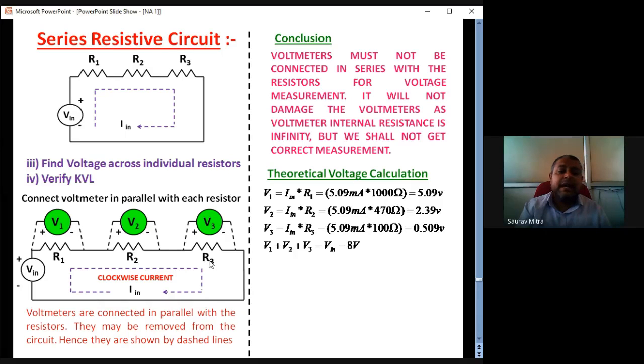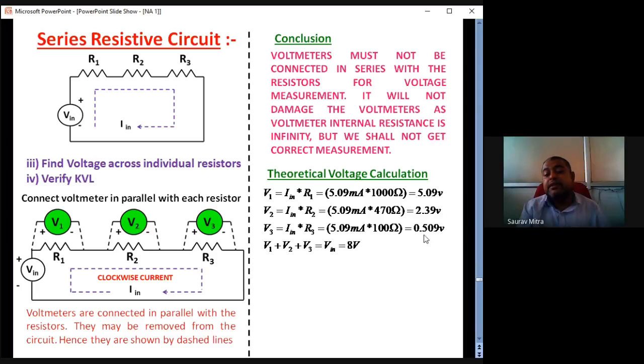Just check one thing. R1 and R3 have a resistance ratio of 1000 to 100, that is 10 to 1. I'm not considering R2, but for R1 and R3, V1 is 5.09 and V3 is 10 times less than that. That's why this circuit is called a voltage divider, and the voltage gets divided in the ratio of the resistances.